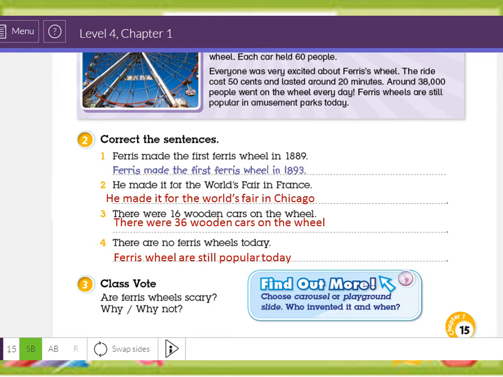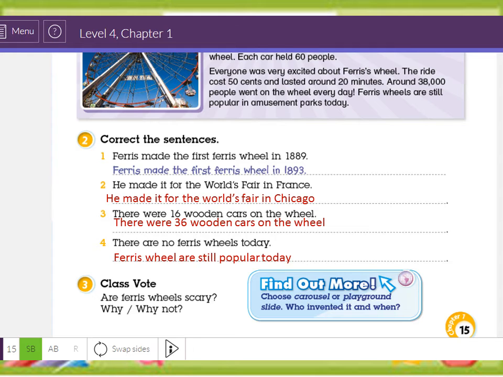Okay, now let's see exercise 2. You have to correct the sentences. Let's start from number 1. Ferris made the first Ferris wheel in 1889. Is it true or not? Yes, absolutely, this sentence is wrong.